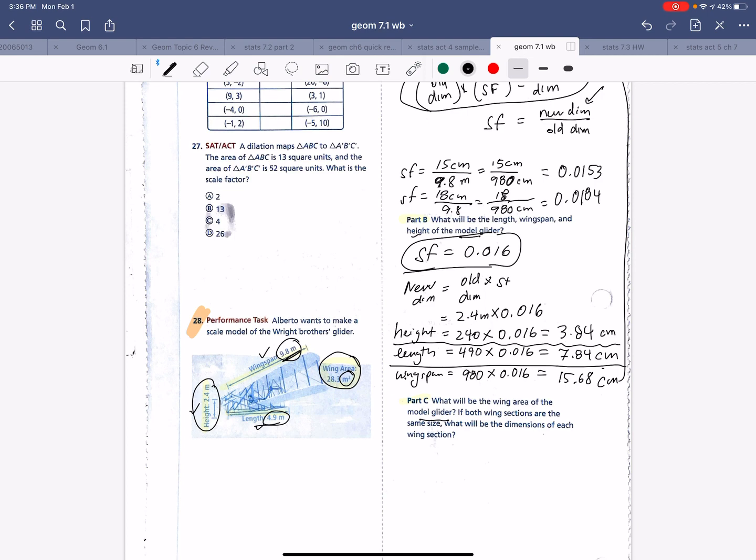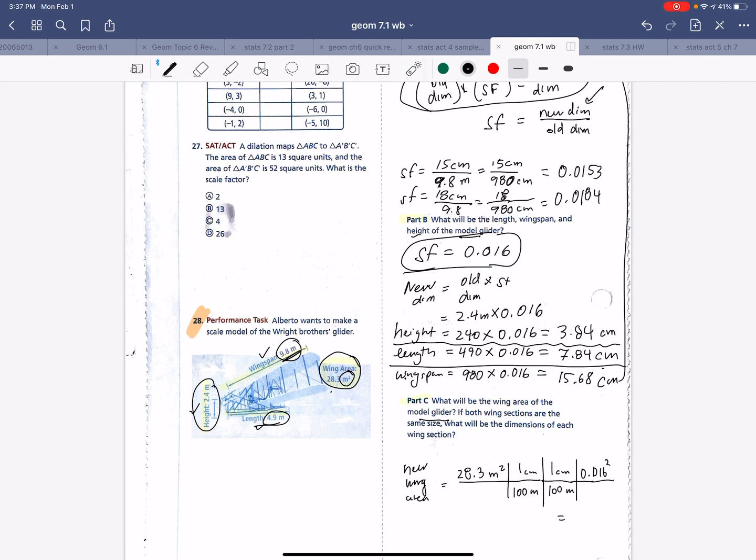So my new wing area, 28.3 meters squared. But now I have to convert it to centimeters squared, right? And I have a scale factor of that squared.